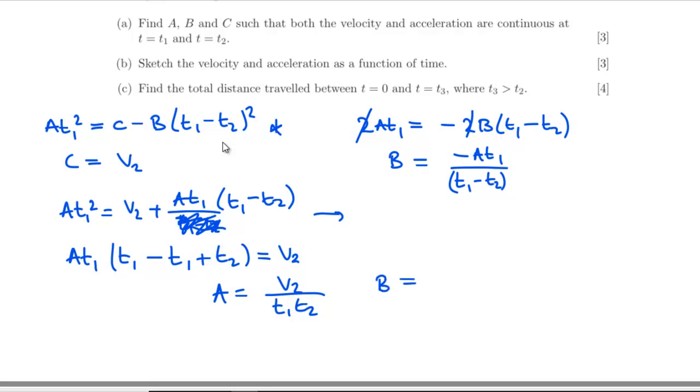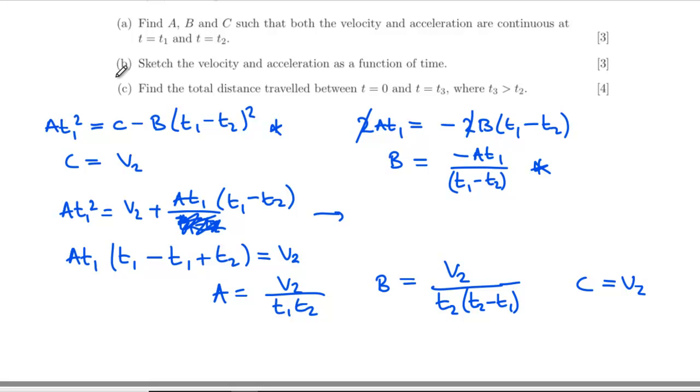Then b, putting it into this one here, we've got a minus a, so we're going to have a v2, the t1s are going to cancel, and at the bottom we're going to have a t2. If I make that t2 minus t1, it gets rid of the minus sign. And then c is equal to v2. That's a bit of a fiddly mess around, but it wasn't that bad.